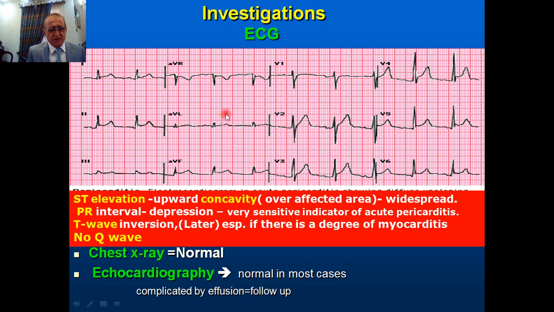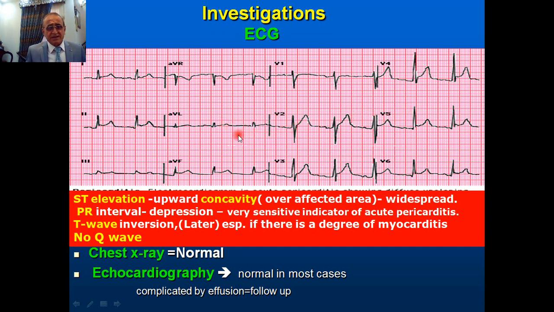Number two, the ST elevation is rather extensive and does not respect the wall. In myocardial infarction, for example, with an inferior wall infarct you have leads 2, 3, and aVF, but in pericarditis it is rather extensive, not limited to a wall.